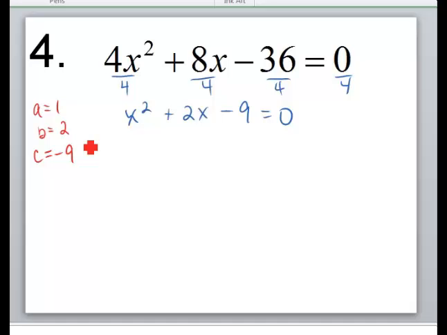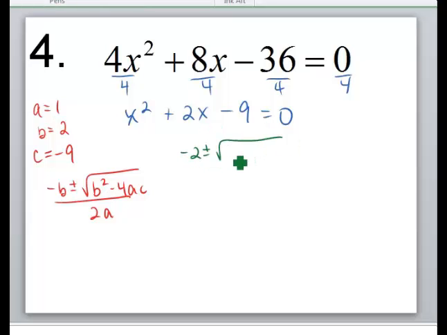Plugging in the formula, negative B plus or minus the square root of B squared minus 4 times A times C all over 2A, I end up getting -2 plus or minus 2 squared minus 4 times A times C all over 2 times A.